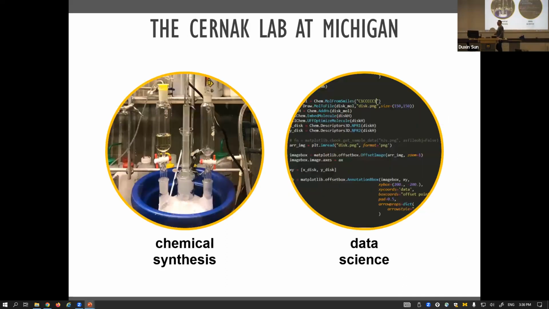But chemical synthesis is hard, and we're deeply invested in this problem. And so for us in the Cernak lab here in Ann Arbor, we love to set up big flasks and stir stuff around and mix purple powders and white powders and hope that we get the right chemical structure that we wanted. We need to do that using things like catalysts and reagents.